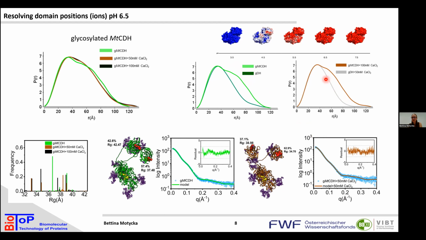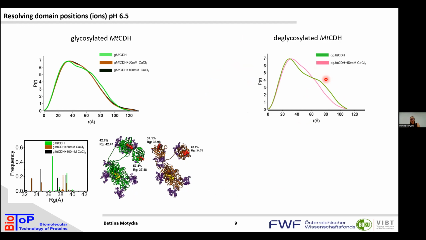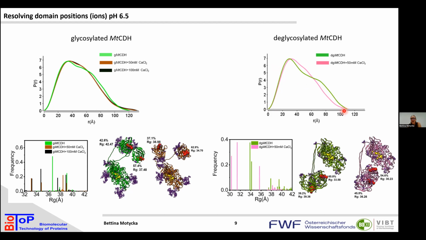And also here we performed this with the deglycosylated variant, where you can see again nicely the shift from the shoulder appearing at pH 6.5 without calcium chloride to a more Gaussian distribution by adding it. And the multi-state modeling reveals the same: here we see a little bit of the compact state, and here you can see that the frequency is really high. So it really stabilizes the closed conformation.